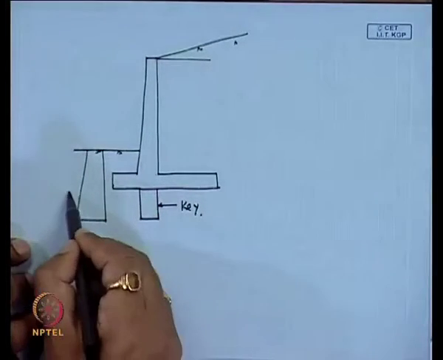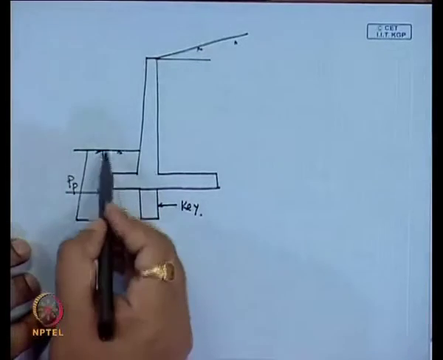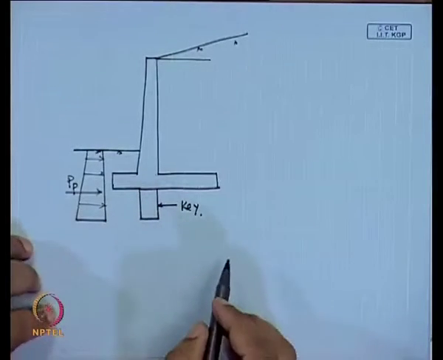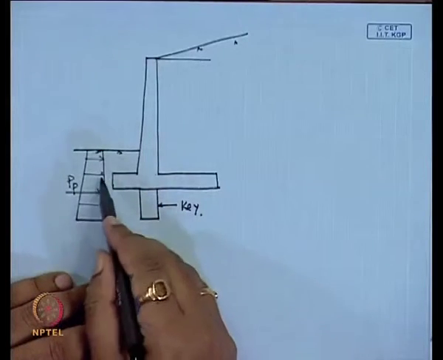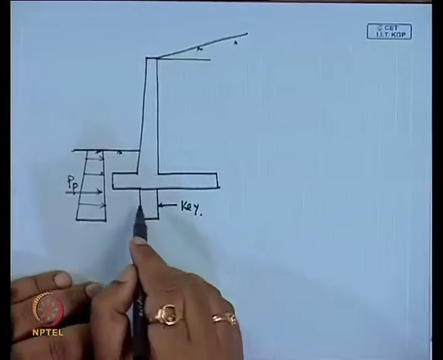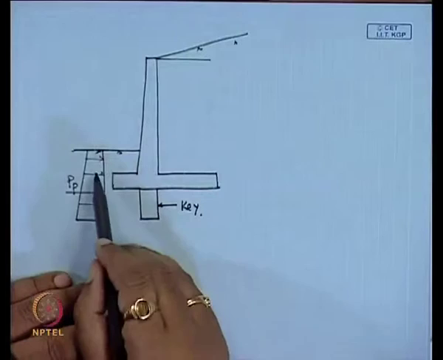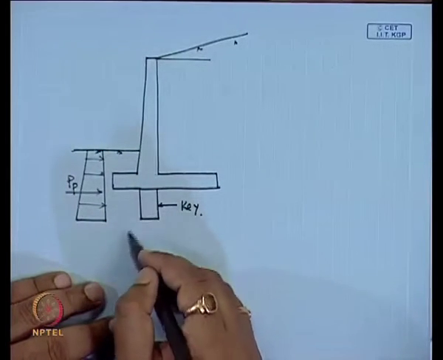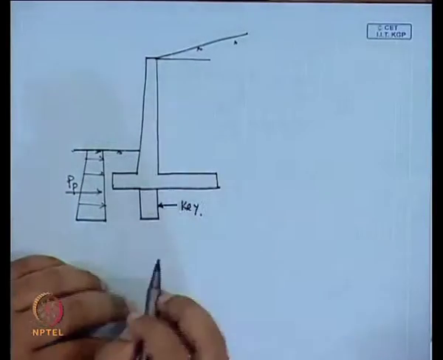So this will increase the passive resistance for this design, which we have not considered in our previous calculation, and this will give the additional resistance against the sliding. So, if it is marginally unsafe against sliding, we can provide keys.